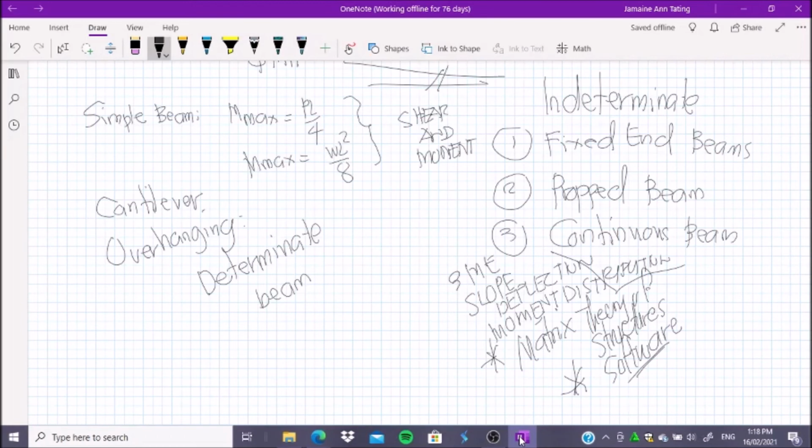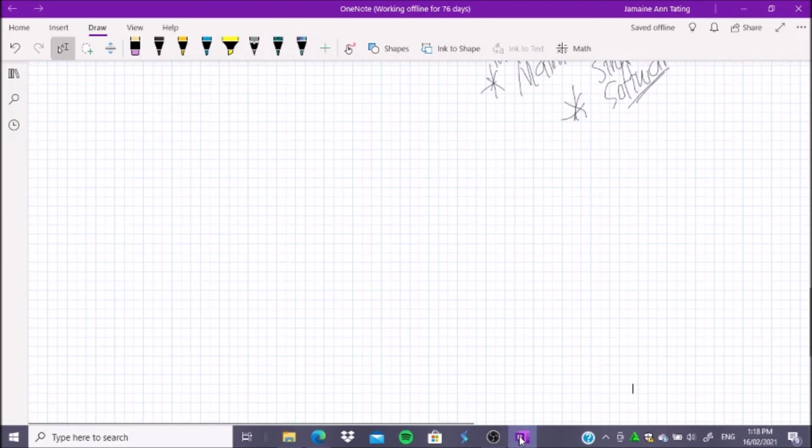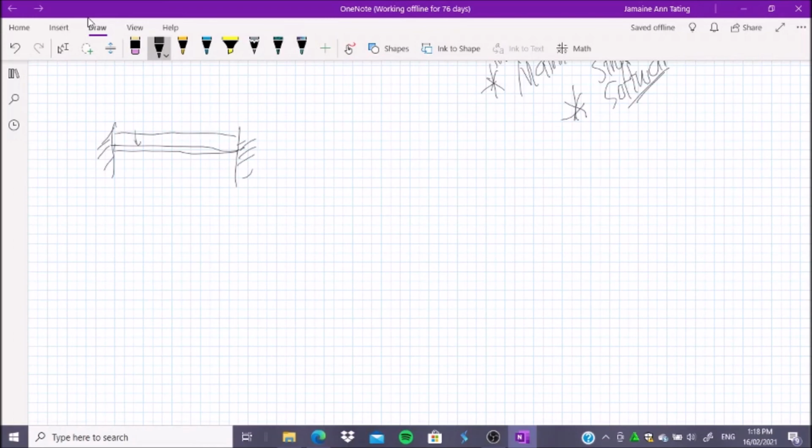Okay, now for a fixed end beam, we have fixed end moment formulas. If this is W, you can draw the shear and moment diagram once you get the reaction. The reaction is half of the total load, so that will still be WL over 2.